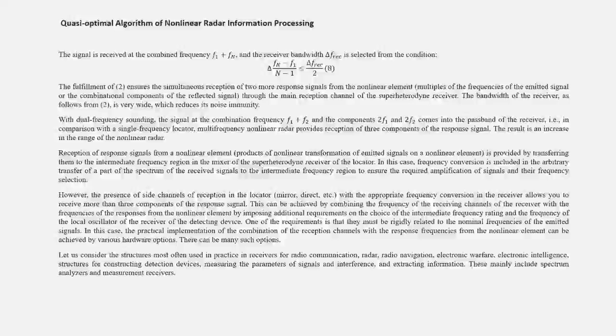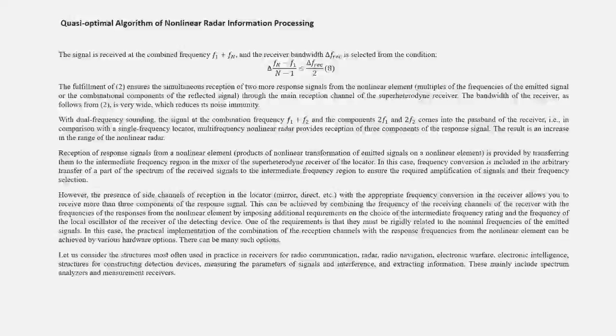In comparison with a single-frequency locator, a multi-frequency nonlinear radar provides reception of 3 components of the response signal. The result is an increase in the range of the nonlinear radar. Reception of response signals from a nonlinear element is provided by transferring them to the intermediate frequency region in the mixer of the superheterodyne receiver of the locator.